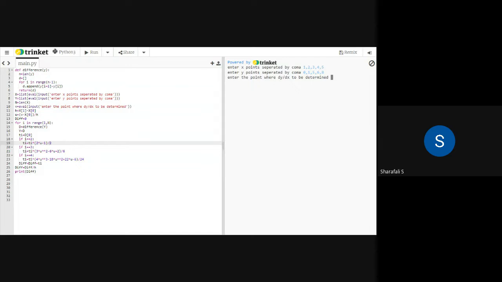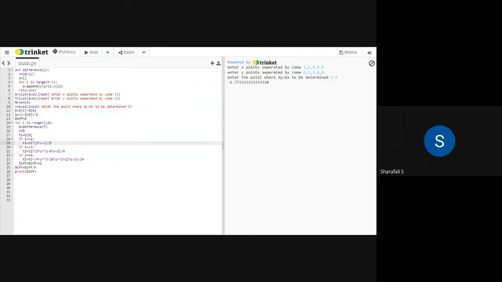Then it will ask me to enter the point where dy by dx is to be determined. This was not there in the previous program because we were calculating dy by dx at x equal to x0. So here I have to give 1.2, that is the point that we have calculated dy by dx for the given data theoretically. If I press enter, you can see minus 1.77333. So this is almost the approximated value that we have got for the same problem theoretically.